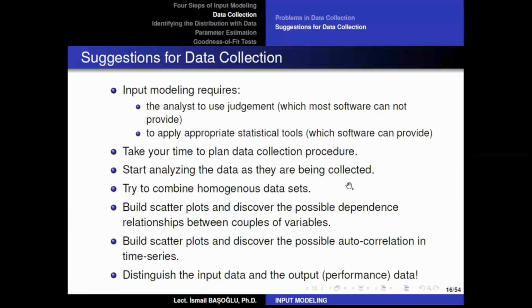So it is a good idea to draw not just the histograms, but also the scatter plots of the data to see if there is a possible dependence between the couples of variables.